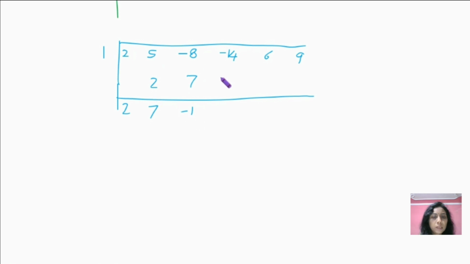Minus 1 times 1 is minus 1. This is minus 15. Minus 15 times 1 is minus 15. And this is minus 9. Minus 9 times 1 is minus 9. And finally we got 0. The remainder is 0. It means 1 is a zero of the given polynomial.